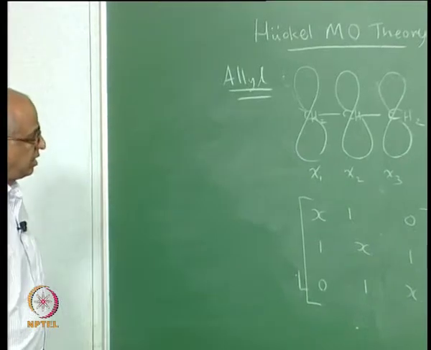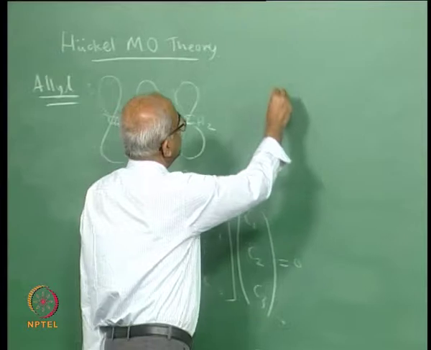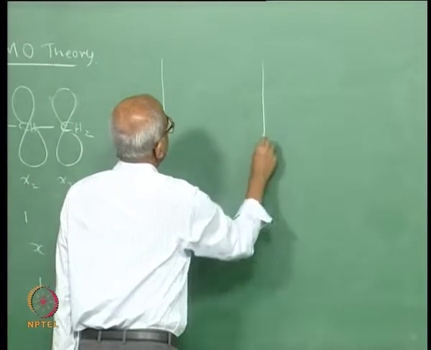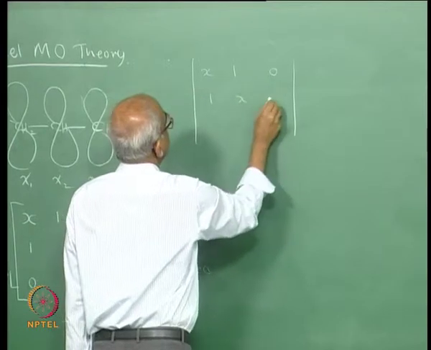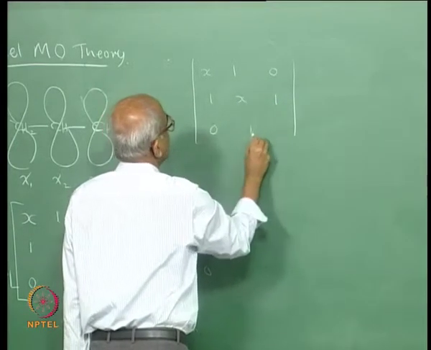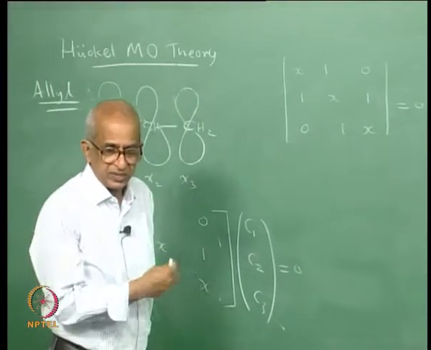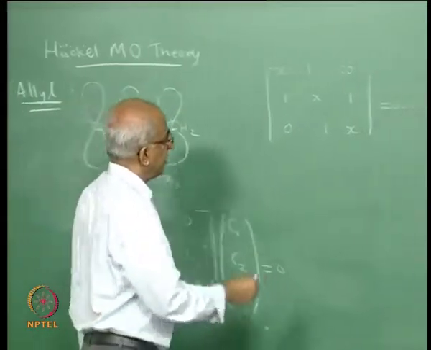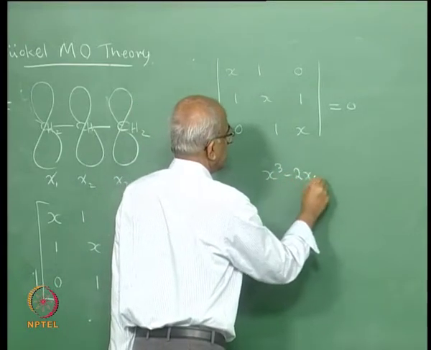Okay. And then what will you say? You will say that the determinant of this matrix must be equal to 0. Now, this matrix is easy to expand, and you will find that the answer is x cube minus 2x is equal to 0.